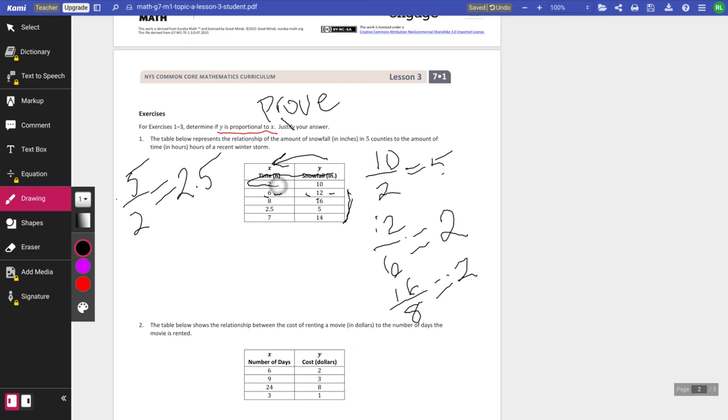So all of these are proportional. However, this one here is not, because that is a unit rate of 5. These others have a unit rate of 2.